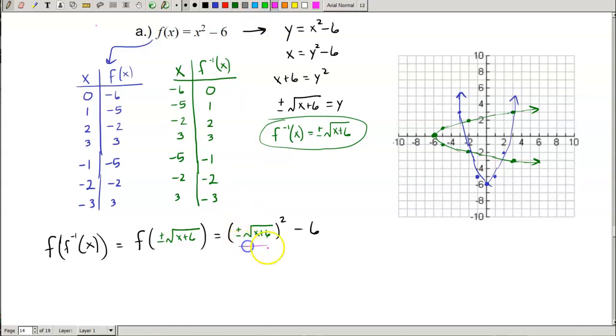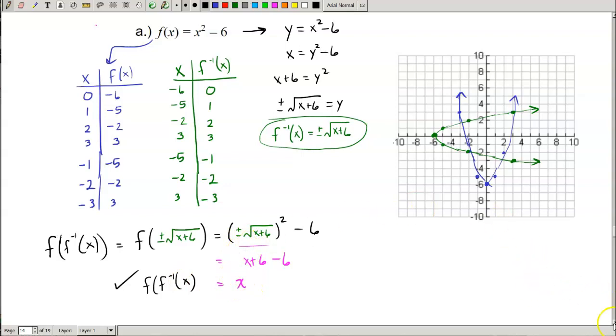So this is going to become x plus 6, and then I'm going to bring down this minus 6, and lo and behold, we just get an x. So my final statement here is f of f inverse of x. If I do this composition, then it comes out correctly. I start with x and I end with x.